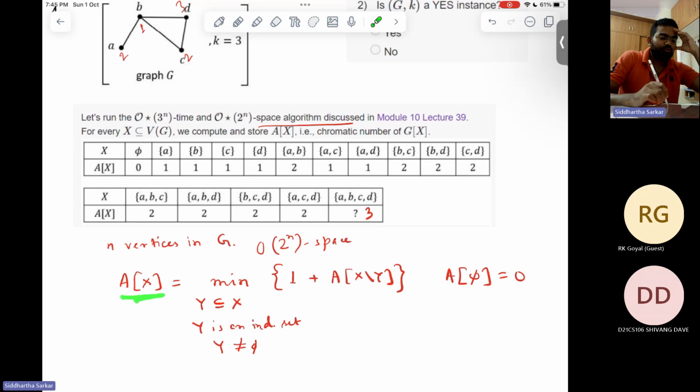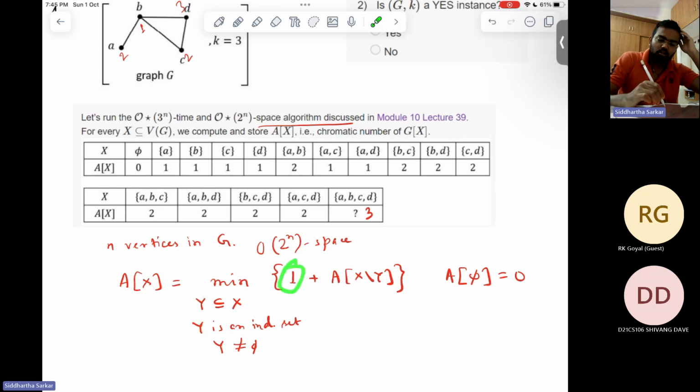If you consider the graph induced on a set of vertices X, then one way to color the vertices induced by X is to compute an independent set Y, which is a subset of X. Because it is an independent set, there are no edges between the vertices of Y, so they can be given the same color.